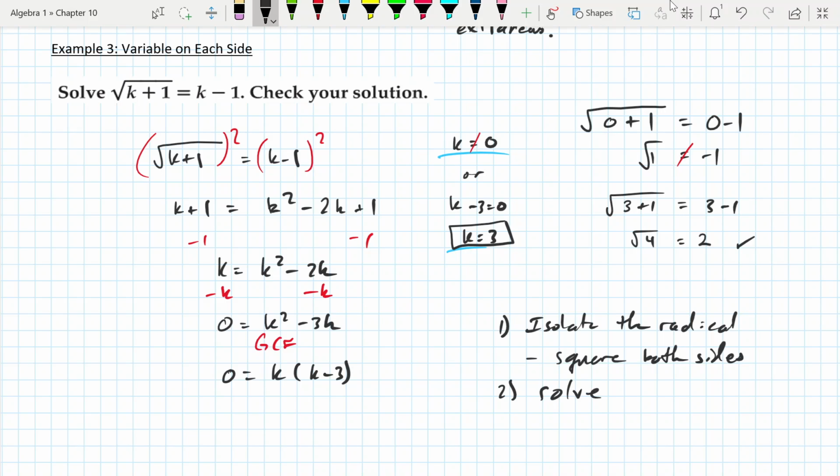Then solve like normal. So whatever method you need to use, whether it's just normal multiple step equations, or you have to solve a quadratic, you have to solve it like you would normally solve that equation when someone handed it to you. And the third step is check the solutions.